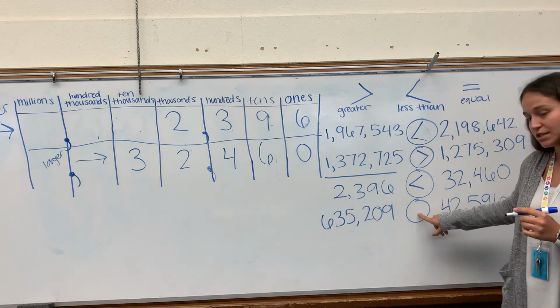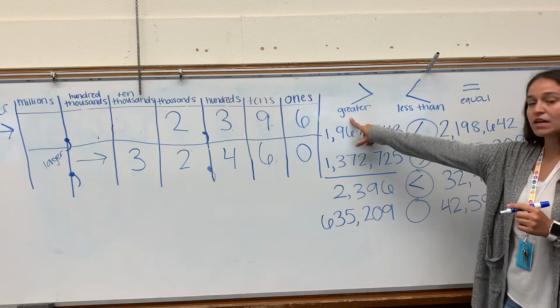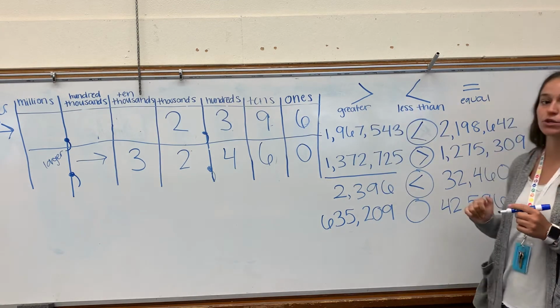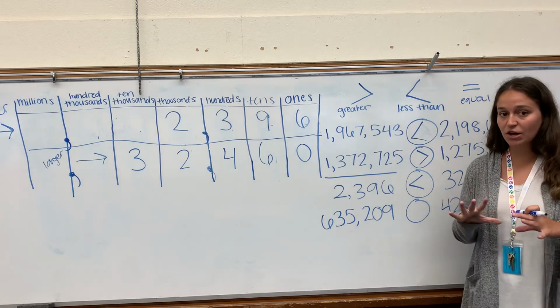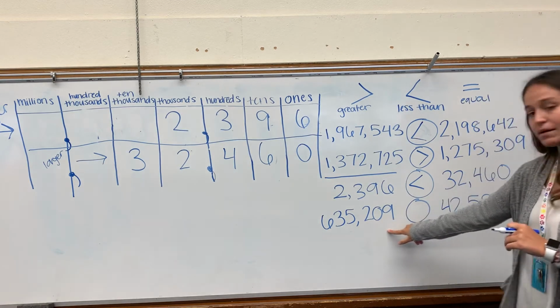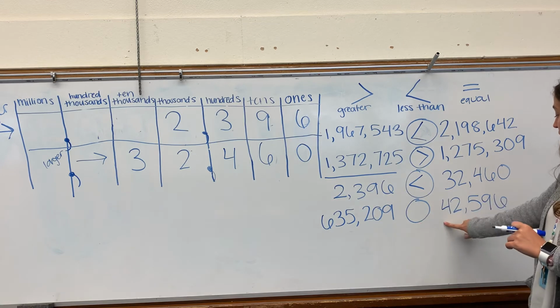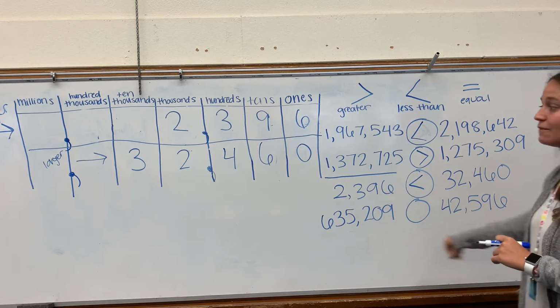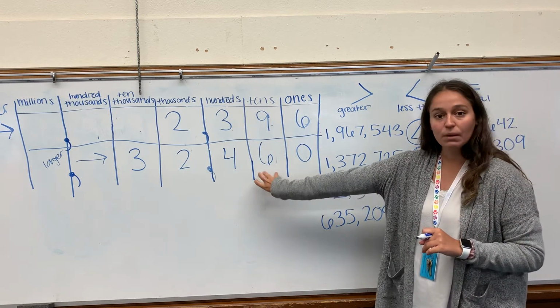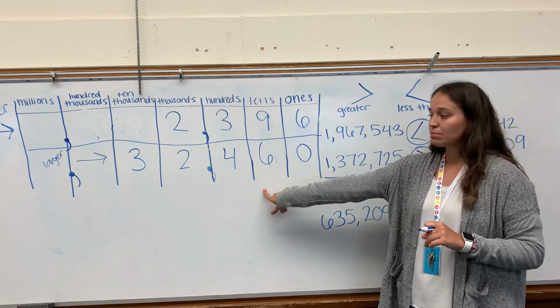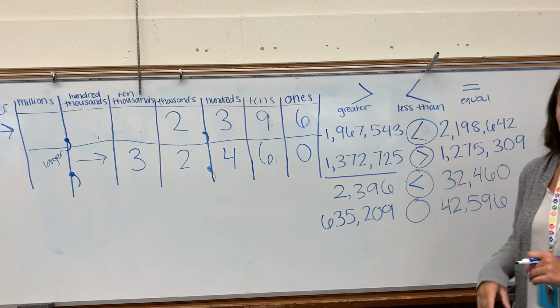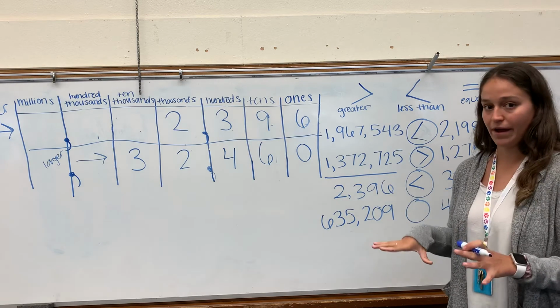What symbol needs to go in the middle? Greater than, less than, or equal to? Go ahead and pause this video. I want you to write out the number, write the correct symbol, and write the other number on the other side. If you need to line them up on your place value chart, draw the place value chart too so you can compare the numbers. So go ahead and pause it and do that now.